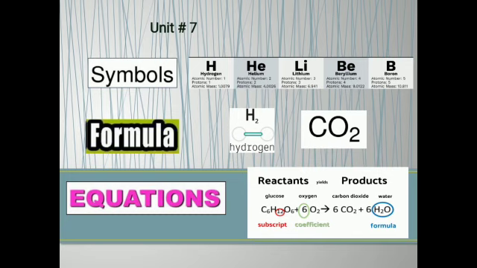A symbolic presentation of the changes which occur in a chemical reaction, expressed in terms of formulae of the molecules. What is a reactant? A reactant is a substance that is present at the start of a chemical reaction. And see the reactants in this equation. And see the product. What is a product? A product is a substance that is present at the end of the chemical reaction.